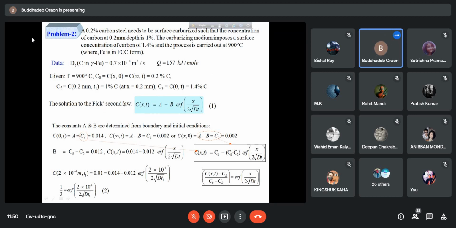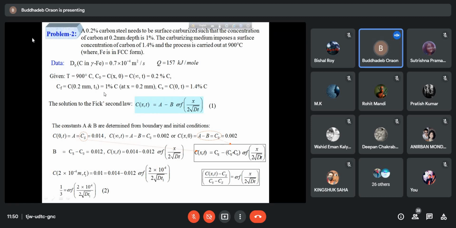Now what we want to find out first, that we have this data, we try to find out the boundary conditions. So we have the first boundary condition: C0 equal to 0.2% carbon. We can write this as C at x equal to infinity for any t.